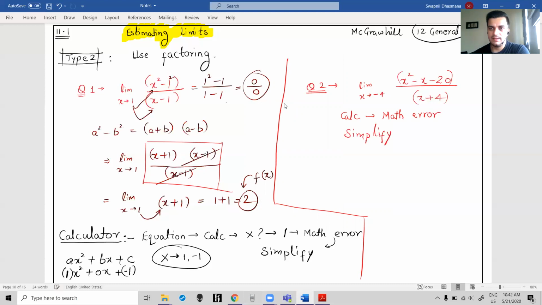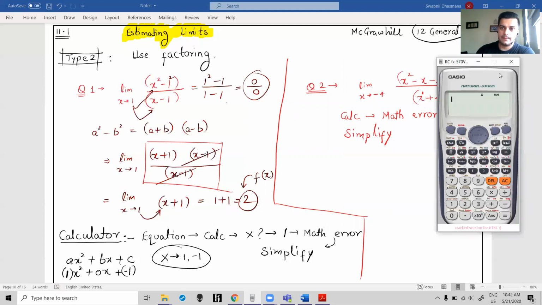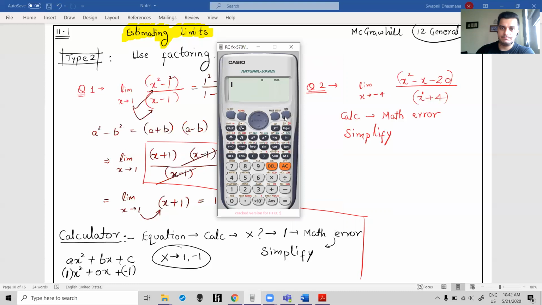I cannot simplify the denominator because the power is 1, so I can simplify the numerator. For that, I'll use my calculator. I'll go to mode, equation 5, 3. The value of a is 1 because there is nothing given before the x squared.